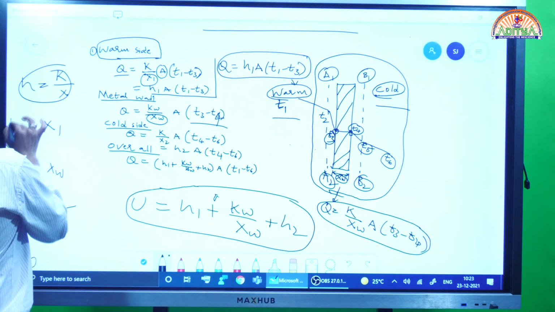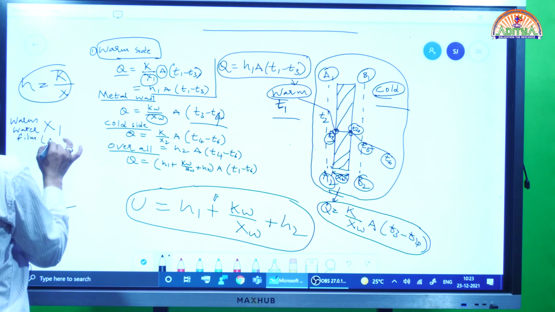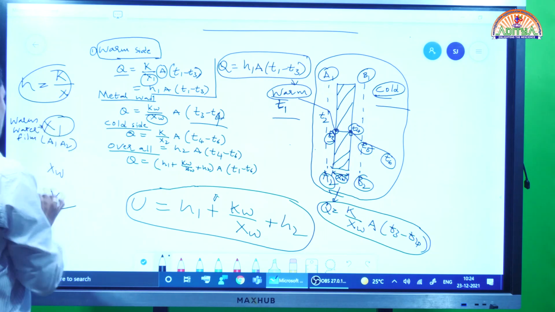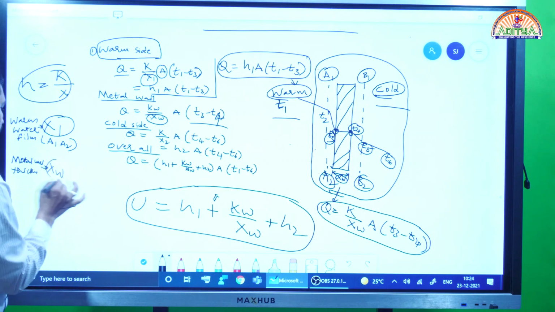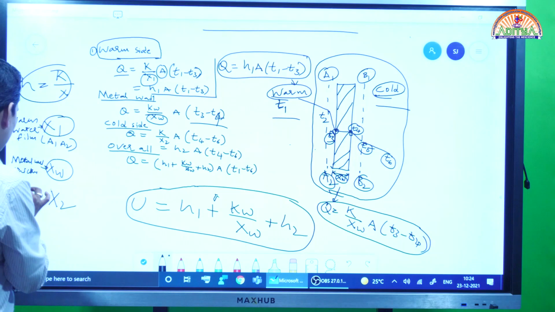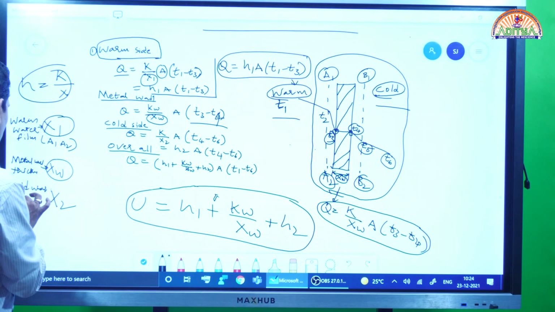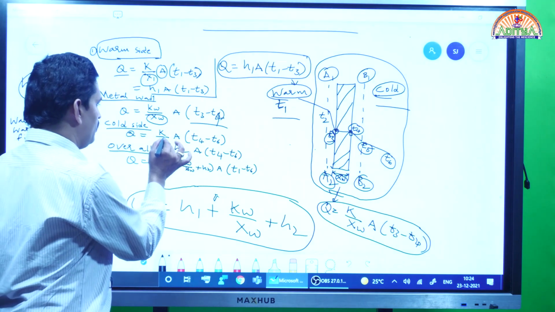This is the warm water film, that is x1, as well as this is the metal wall thickness, that is xw, as well as this is the cold water film, that is x2. So, that's why we are going to substitute over here.